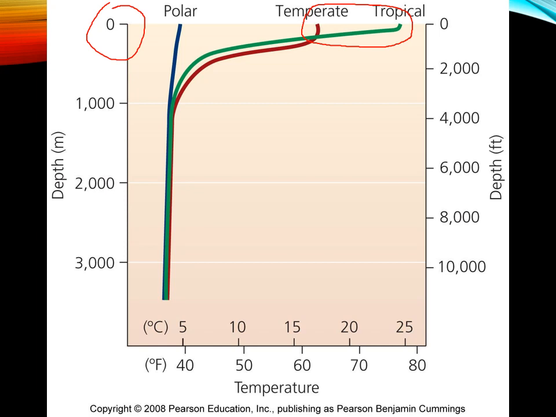And then you have this area where it changes really quickly as you go down in depth. That's the thermocline. And then once you're below a certain level, so let's say once you get to this 1,000 feet, then again, you just have that cold, deep water. Okay. This can set up some stratification, which we talked about when we talked about dead zones.